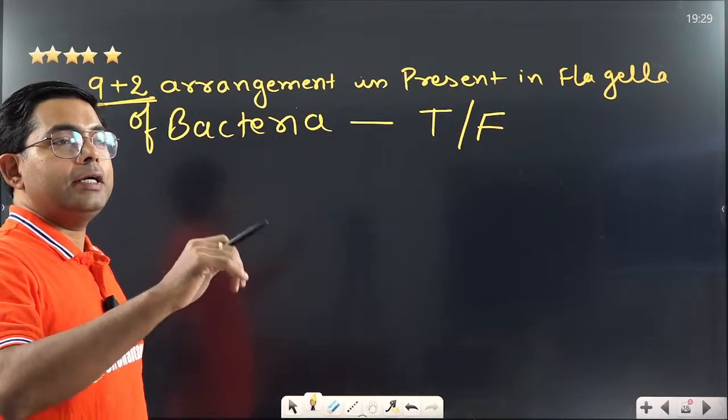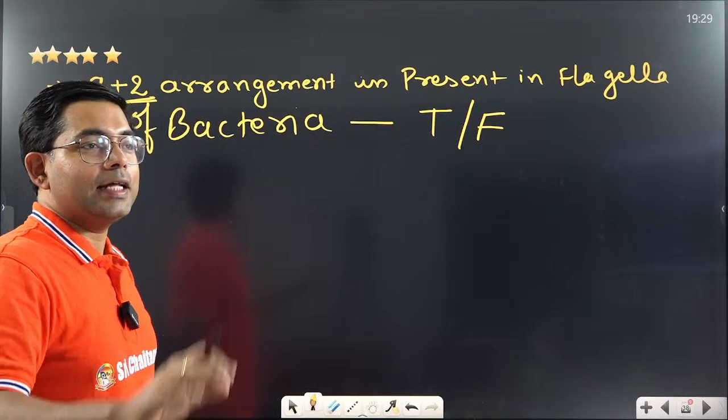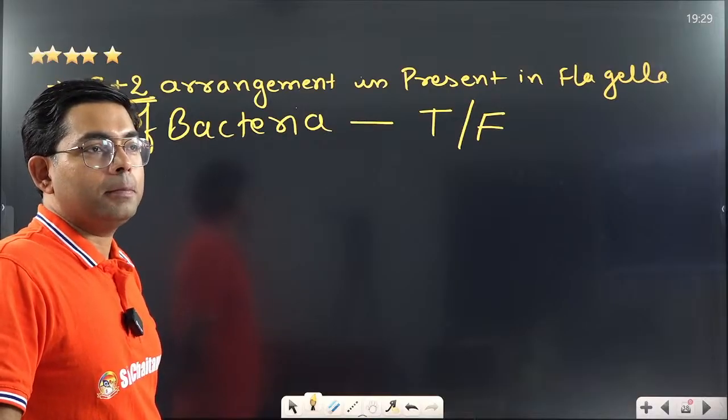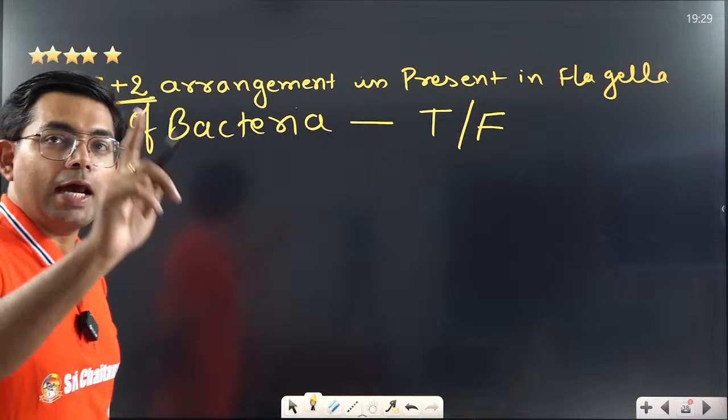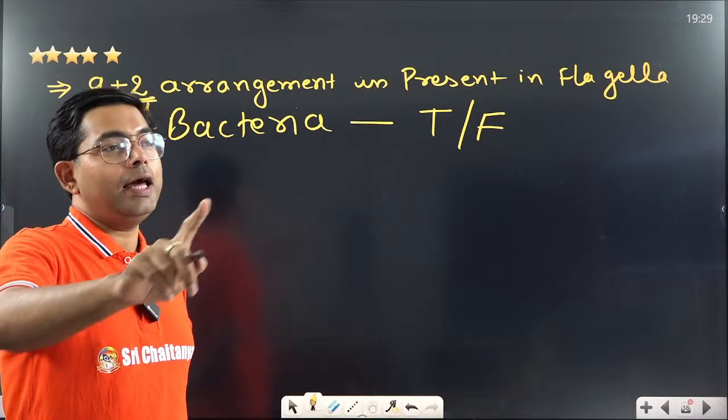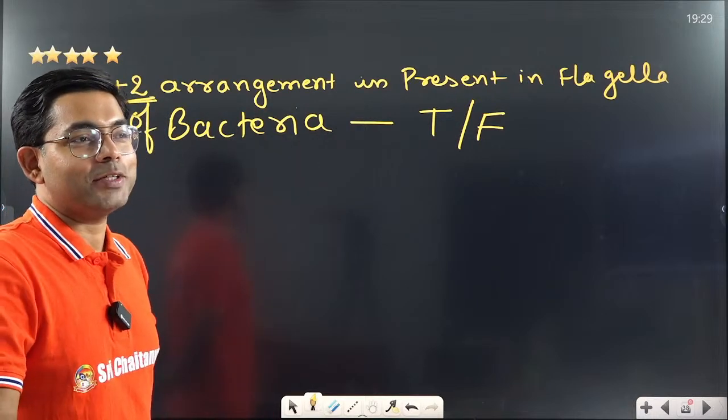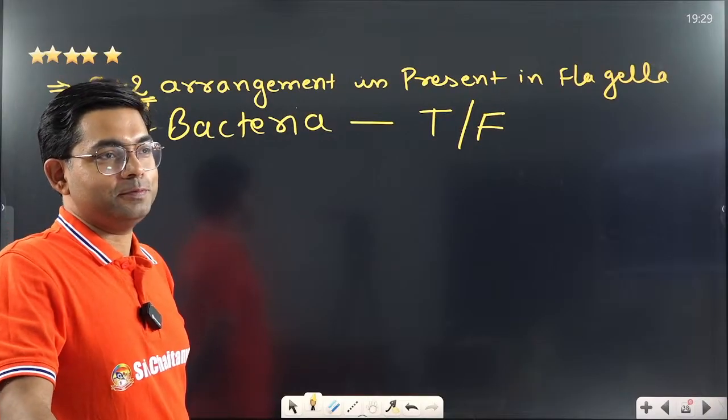Those who are chatting other than answering, don't do that. See, I am trying to trick you, and you are falling into my trick because most of you are writing true.